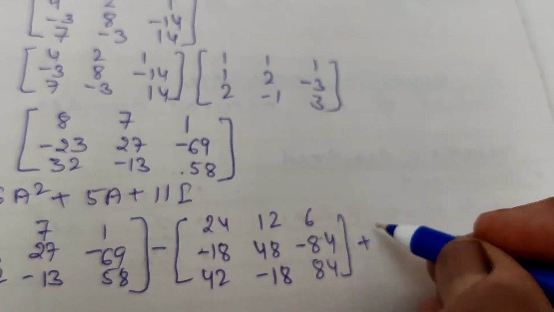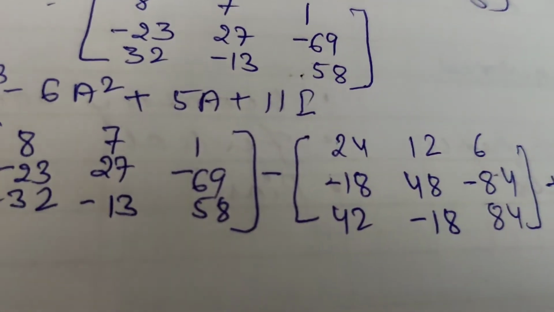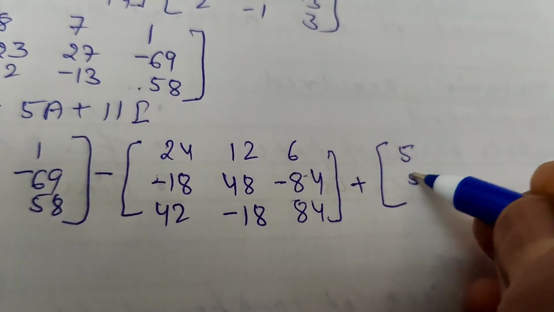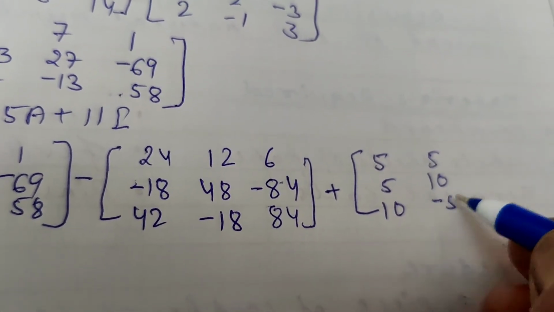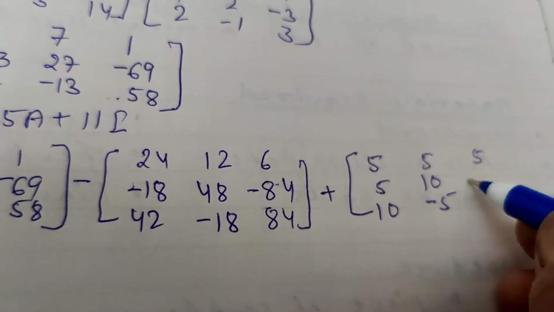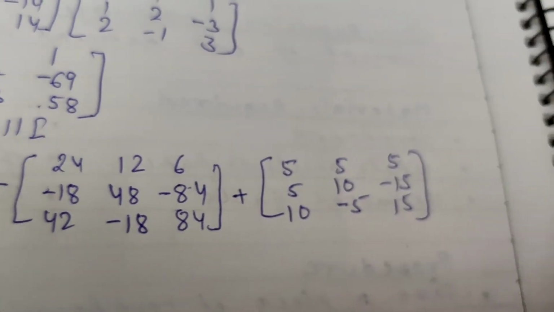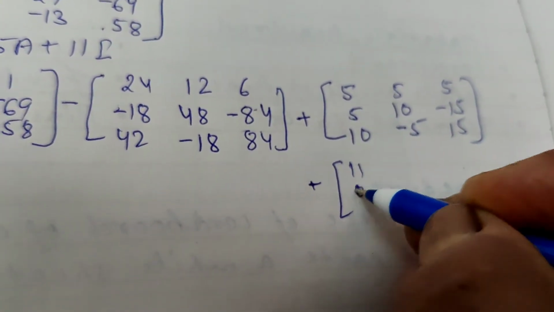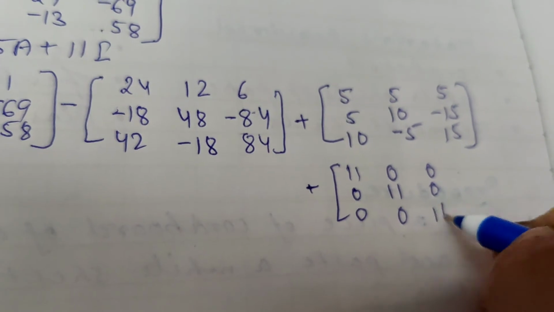Plus 5A. It means 5 multiplied in each element of A. This will equal to 5, 5, 5, 10, 5, minus 15, 10, minus 5, 15, plus 11I. It means 11, 0, 0, 0, 11, 0, 0, 0, 11.